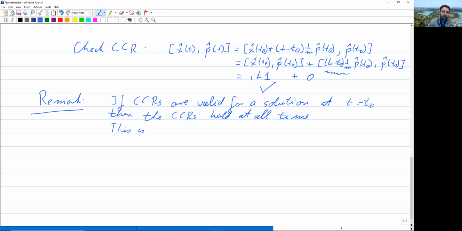That this is true for all quantum mechanical systems. So that's very useful to know. It saves us some work. And there's an elegant proof of this.